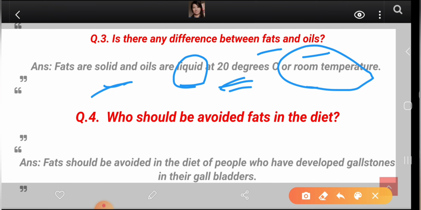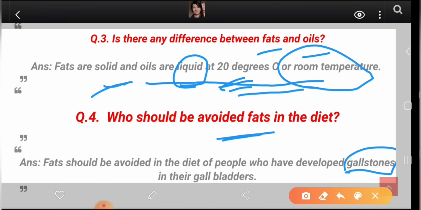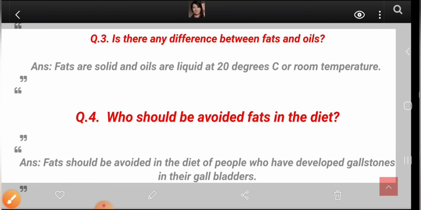So oil is a liquid at 20 degrees Celsius or room temperature. Who should avoid fat in the diet? Fat should be avoided in the diet of people who have developed gallstones in their gallbladder. That means someone who has a stone should avoid this.